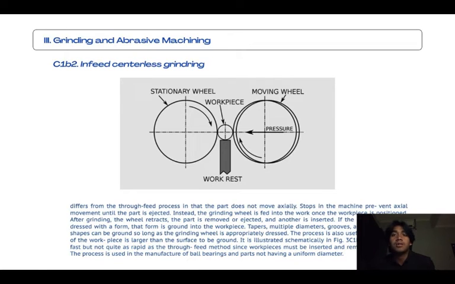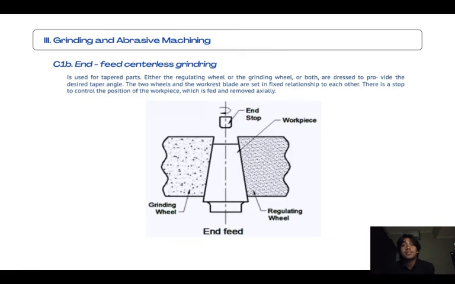If the grinding wheel is thrust with a form, that form is ground into the workpiece. Tapers, multiple diameters, grooves, and other irregular shapes can be ground so long as the grinding wheel is appropriately thrust. The process is also useful when a portion of the workpiece is larger than the surface to be ground, as illustrated.